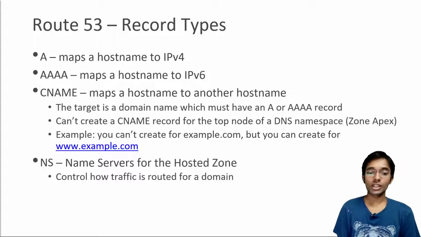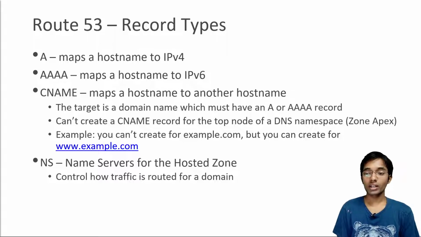And you cannot create a CNAME on top of the node of the DNS namespace, which is the zone apex. So you cannot create a CNAME for example.com, but you can create a CNAME for www.example.com, and we'll see how to solve that problem with alias records.